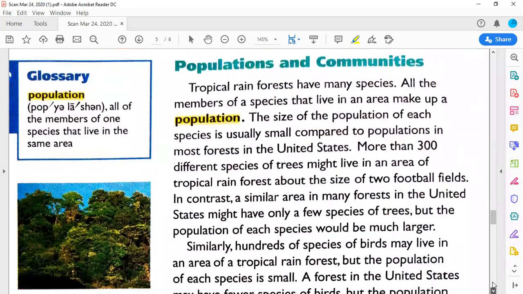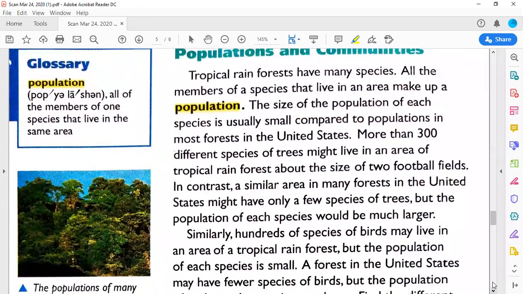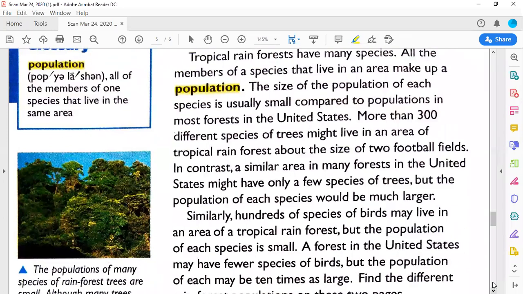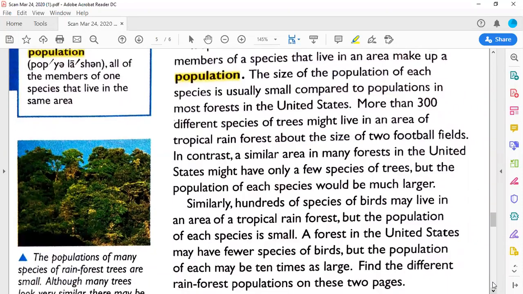In contrast, a similar area in many forests in the United States might have only a few species of trees, but the population of each species will be much larger. Similarly, hundreds of species of birds may live in an area of a tropical rainforest, but the population of each species is small.